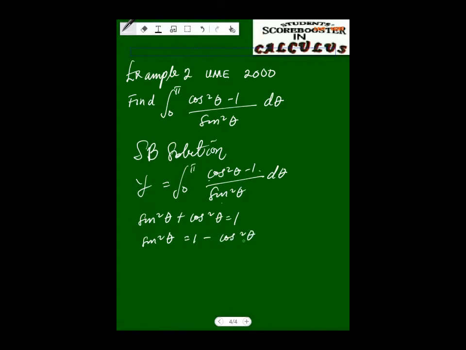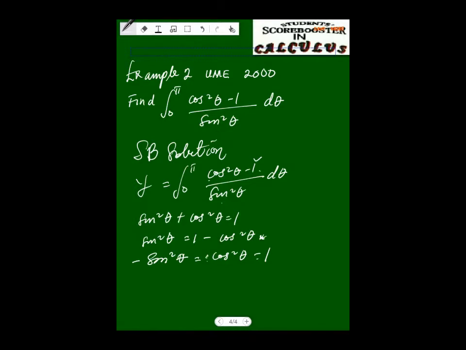Now, in order to put this expression in this form, I'm going to have minus sine squared theta is equals to cos squared theta minus 1. I hope you agree with this. I just multiply both sides by minus 1. This one becomes minus, this one becomes minus, that's why it is here, and this one becomes plus, that's why it's here.